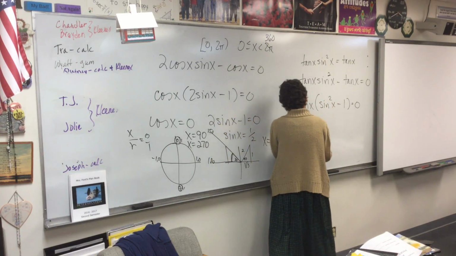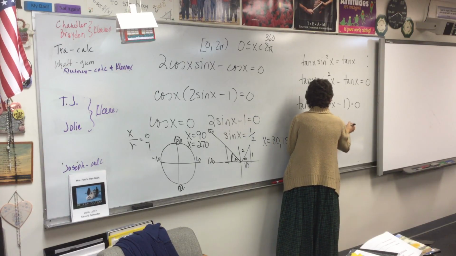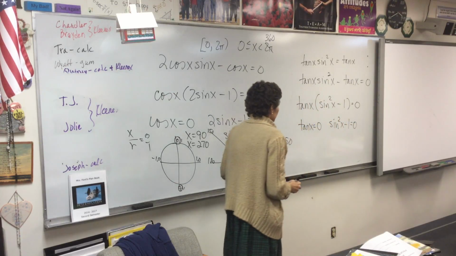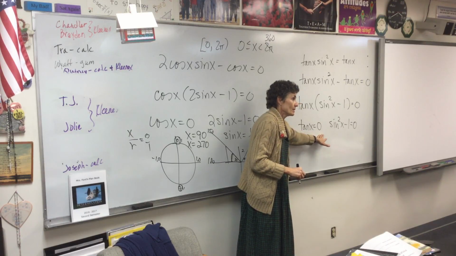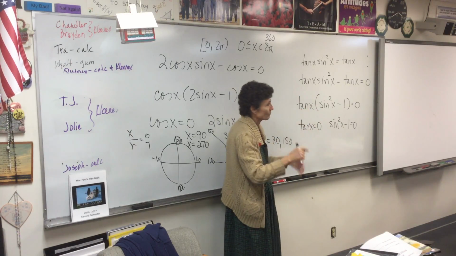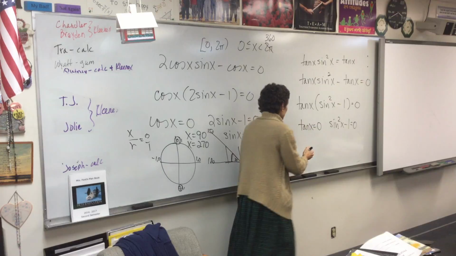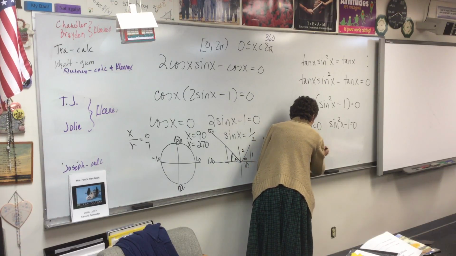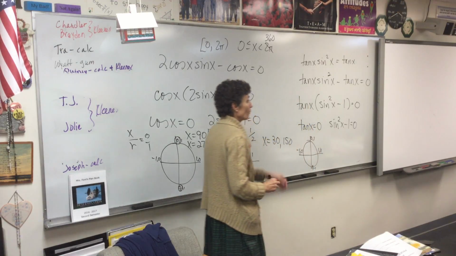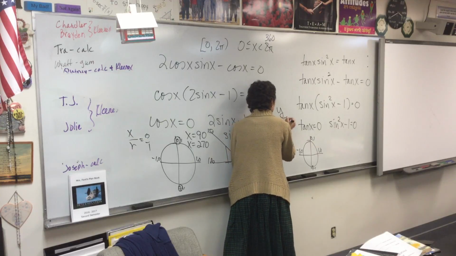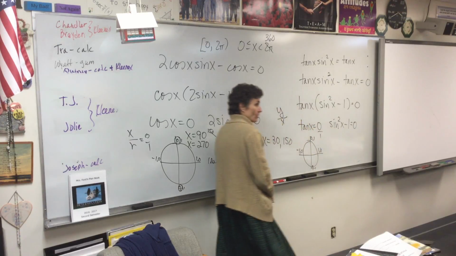Now that is an identity, it's not going to help you to use it this time, so I'm just going to say sine squared minus 1 equals 0. Now, there's that crazy 0 again. You can't build a triangle where opposite over adjacent is 0. Does everybody understand that? Okay, so instead of building triangles, I'm going to be looking on my circle. And I need to find a place where when I put y over x, I get 0 over 1.